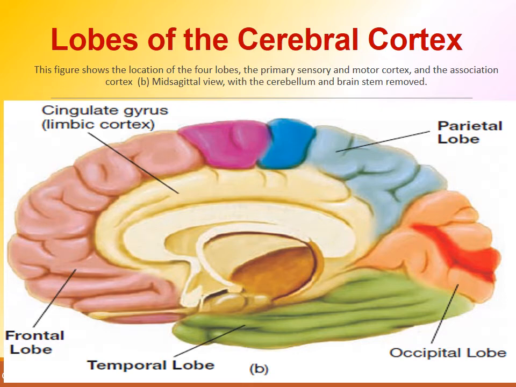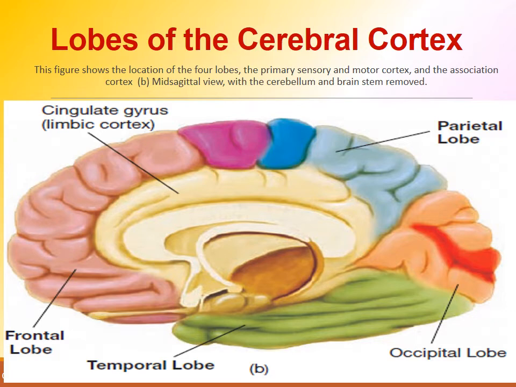The frontal lobe includes everything in front of the central sulcus. As you can see in the pink side, in front of the central sulcus, there is the frontal lobe. Whereas the temporal lobe is just forward at the base of the brain. It is still at the front side but at the base of the brain, and it is called the temporal lobe.